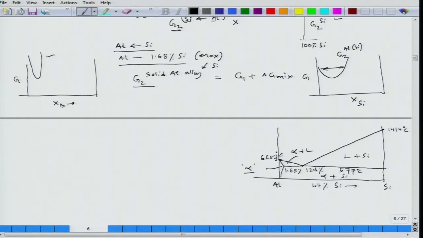Now, if I try to draw the free energy composition diagram at this eutectic temperature, it would look like this. Silicon would have a plain, straight line because it cannot contain any aluminum, and this is my liquid line and this is my aluminum line.